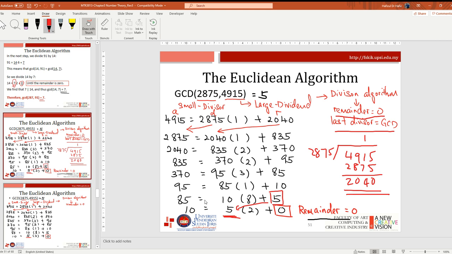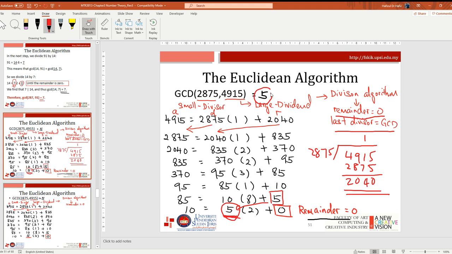Here is another example. Given 2,875 and 4,915 for the Euclidean algorithm. This one is a large dividend, small divisor. We calculate until we get 5 and the remainder is 0, and this one is the lowest.